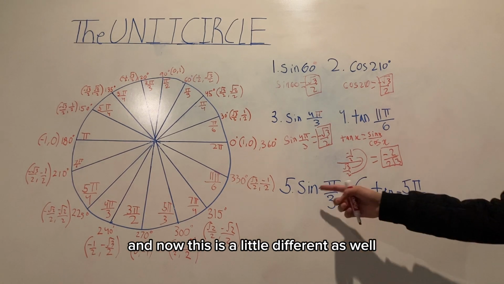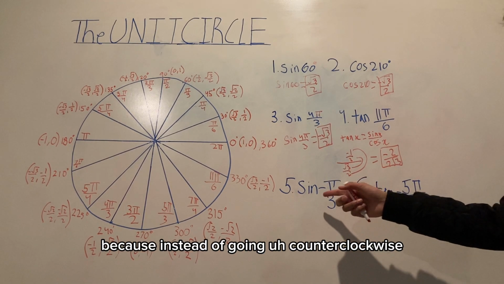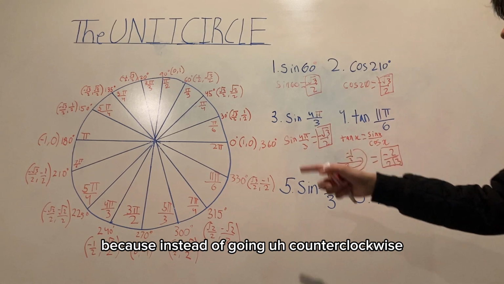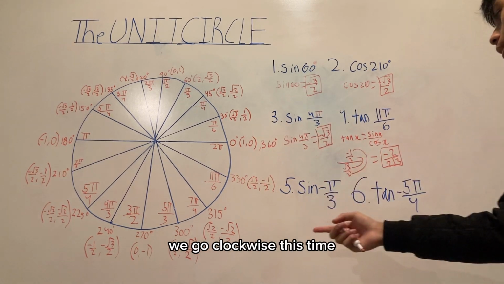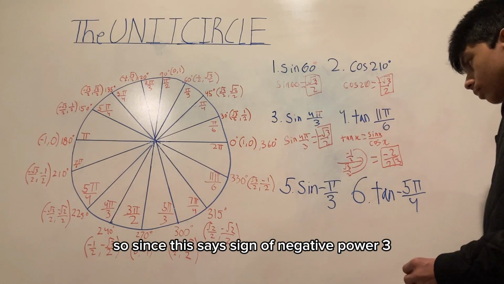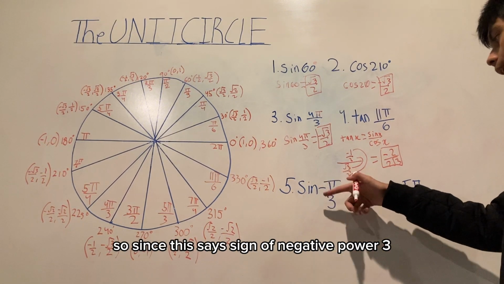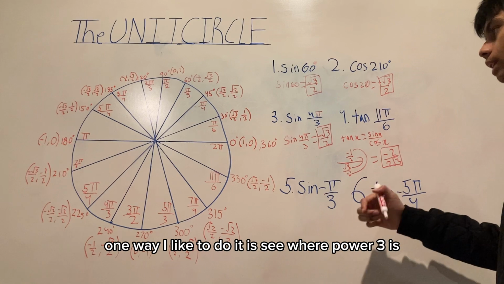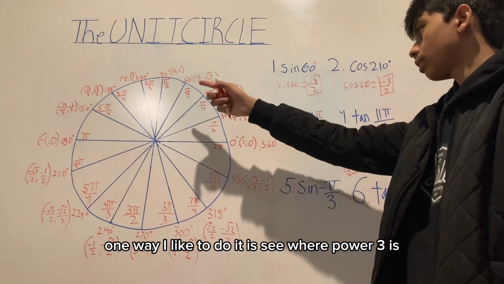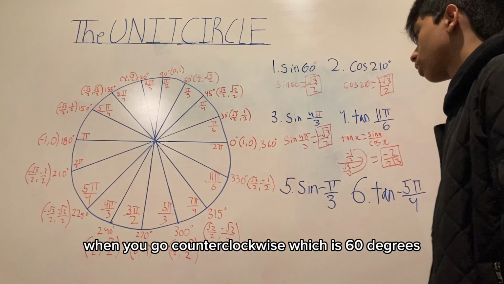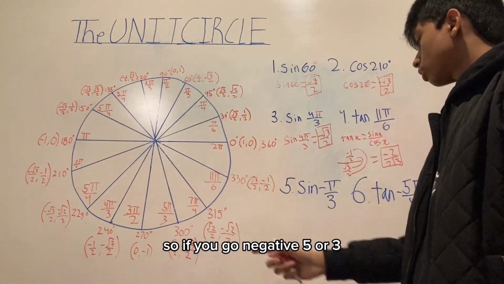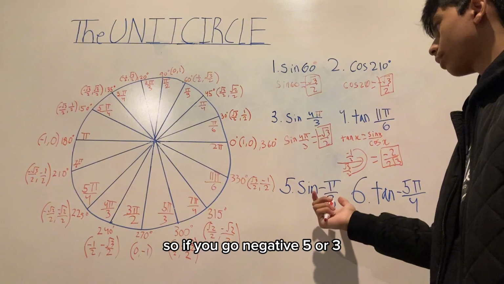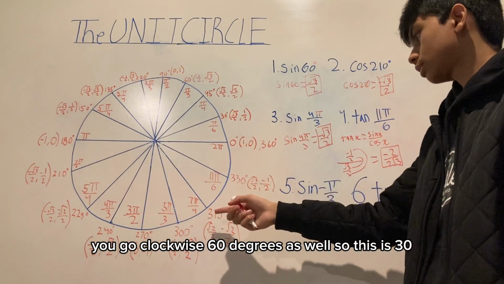Okay? And now, this is a little different as well, because instead of going counterclockwise, we go clockwise this time. So, since this says sine of negative pi over 3, one way I like to do it is see where pi over 3 is when you go counterclockwise, which is 60 degrees. So if you go negative pi over 3, you go clockwise 60 degrees as well.